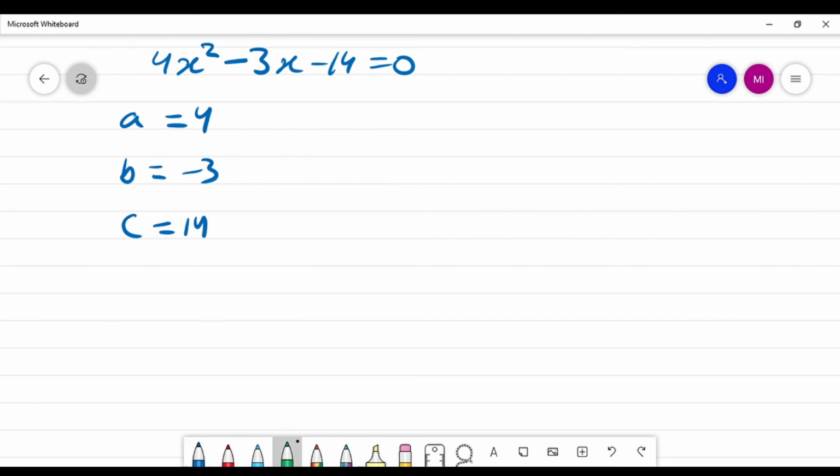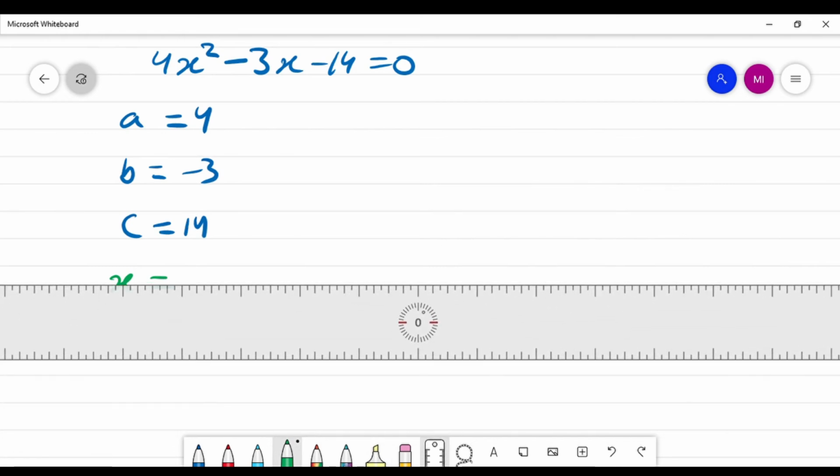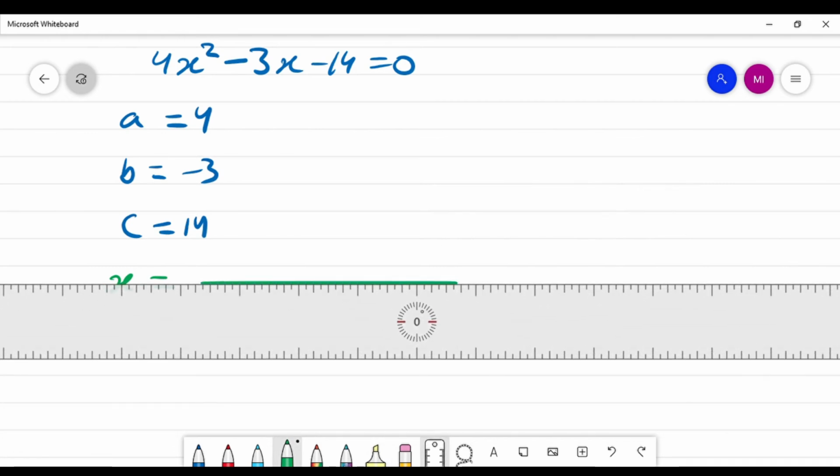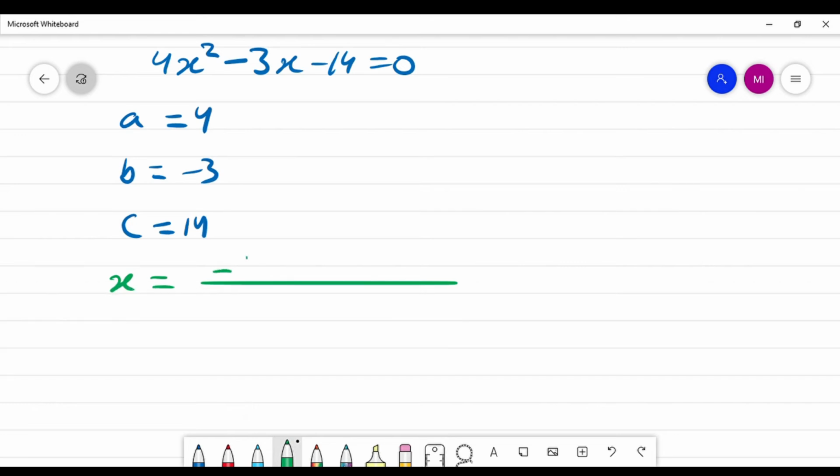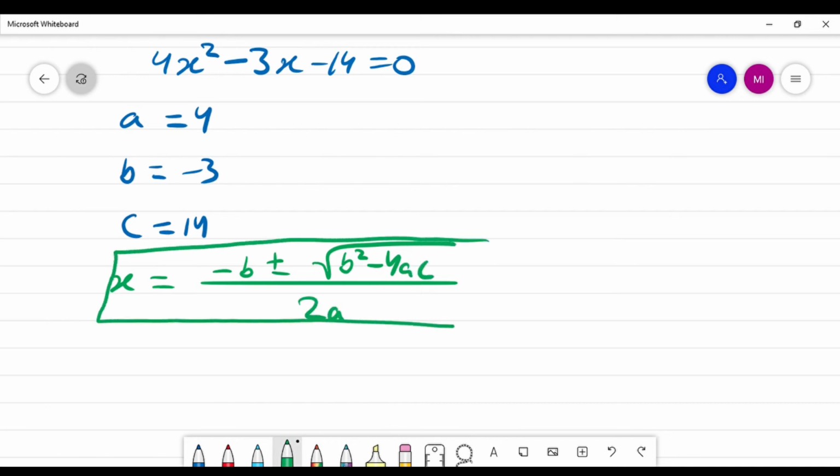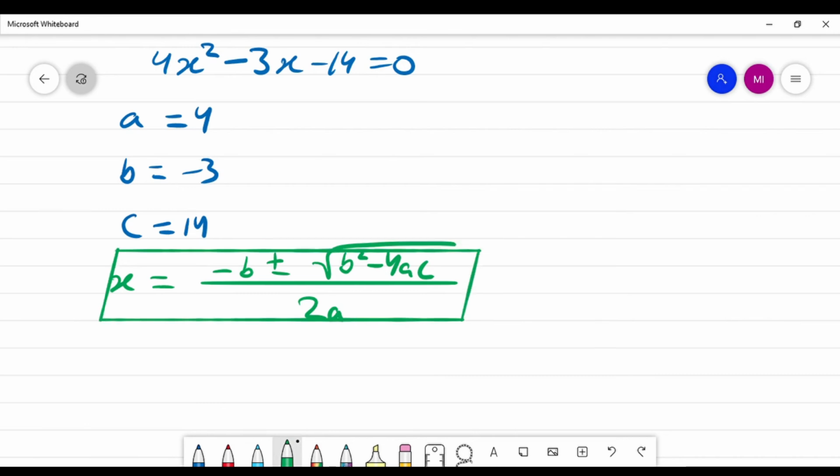And so our formula is x is equal to -b plus minus under root of b squared minus 4ac divided by 2a. Now let's put the values in this formula.